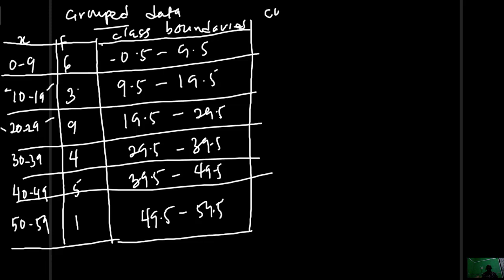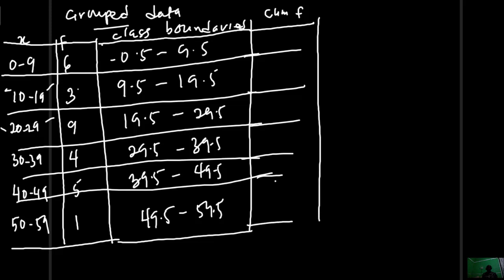The next is cumulative frequency. So we now find our cumulative frequency, which we use to draw. Our first frequency is the same as the first cumulative frequency. So here we write 6. This 6 will migrate to meet 3, making 9.